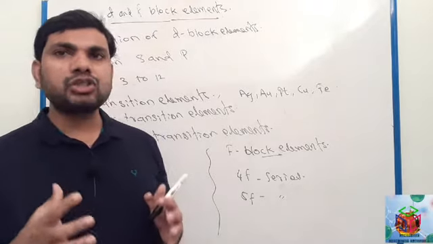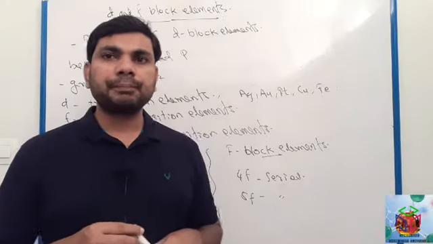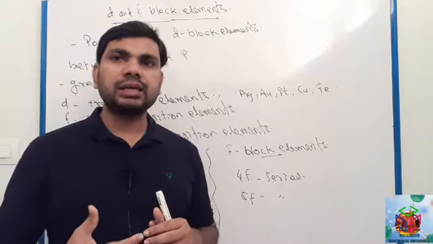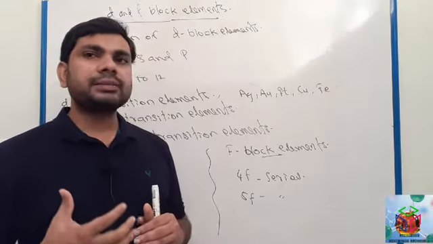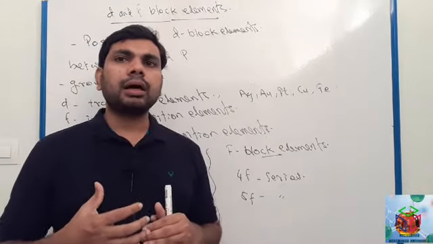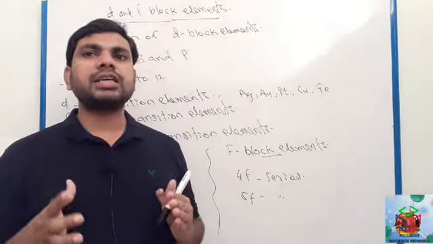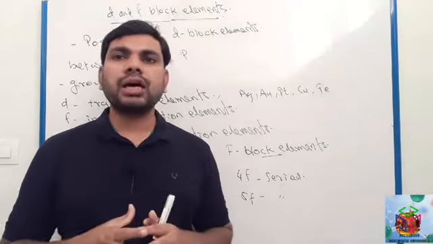Lanthanide and actinide together are called F block elements. Elements coming after lanthanum are lanthanides, and elements coming after actinium are actinides. Together, the lanthanides and actinides are called F block elements.